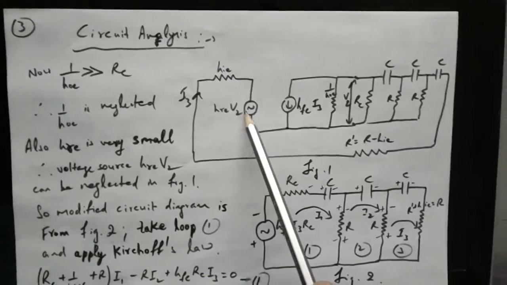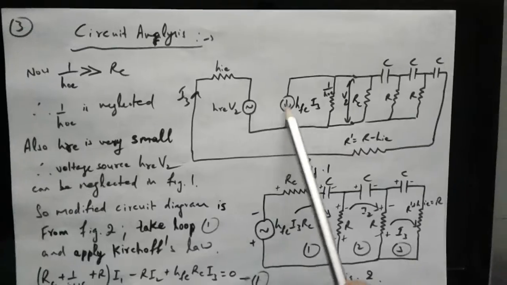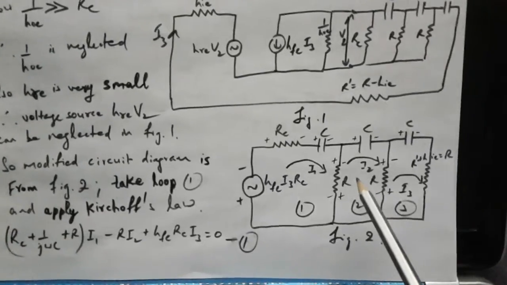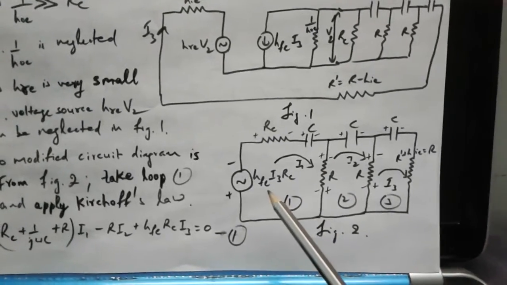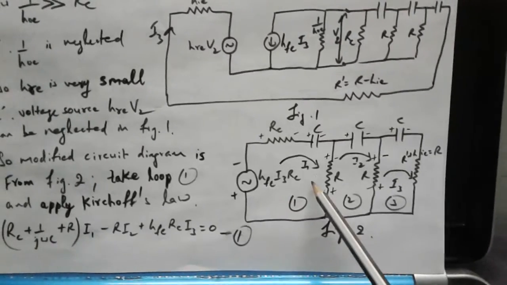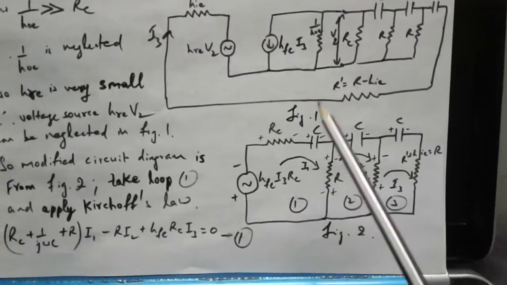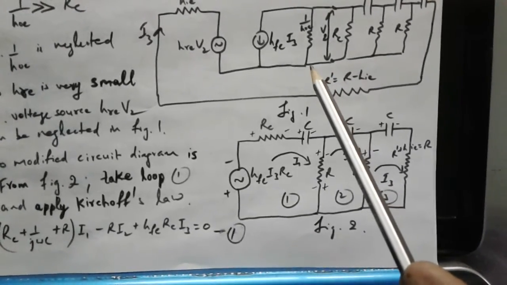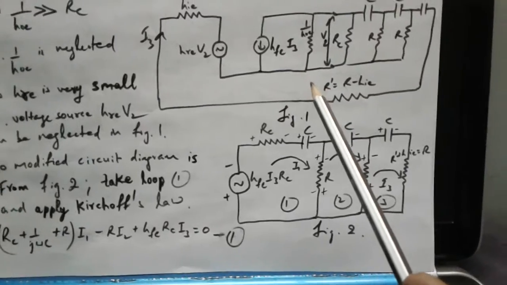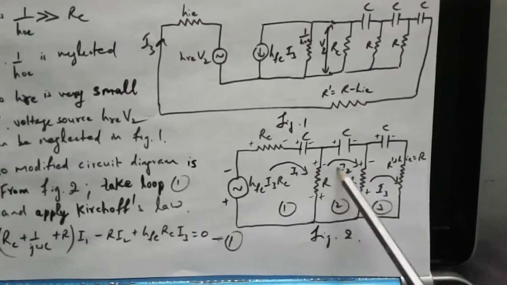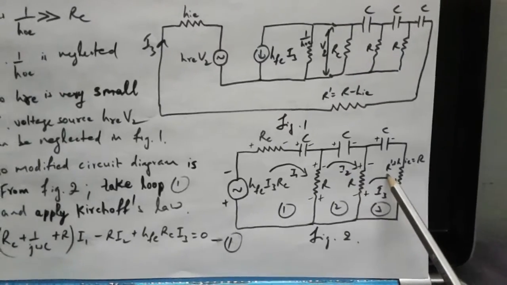Using these assumptions in figure 1, we get a simplified circuit diagram, that is figure 2. Here you can see that HRE V2 has been neglected, and 1 over HOE is also not required, because no current will go towards this part. So we have RC and these three sets of RC networks.